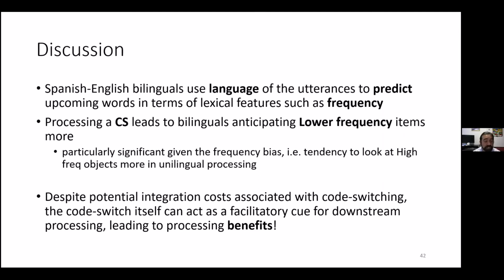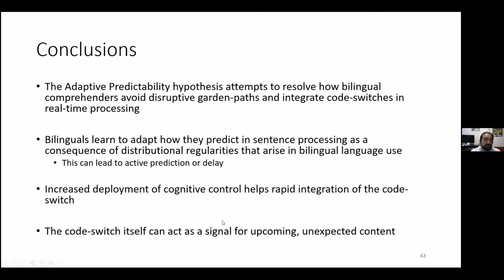This is particularly interesting and revealing given that there is typically a very strong frequency bias when you have these frequency disparities between two objects. People tend to look at higher frequency objects in unilingual processing. So despite, again, these potentials for integration costs associated with code switching, the code switch itself can lead to a facilitatory cue downstream in processing, thus leading to processing benefits. So the listeners are doing something with the code switch.